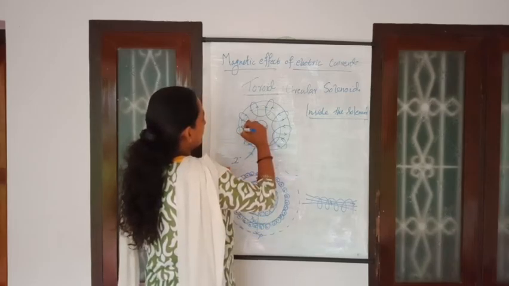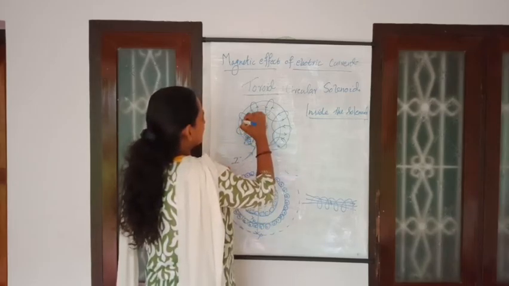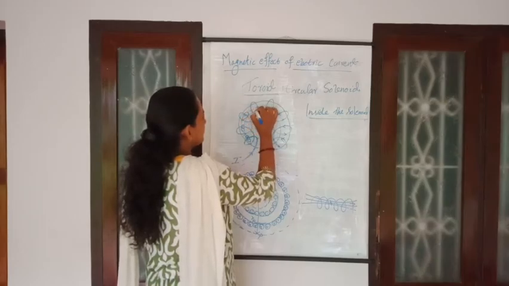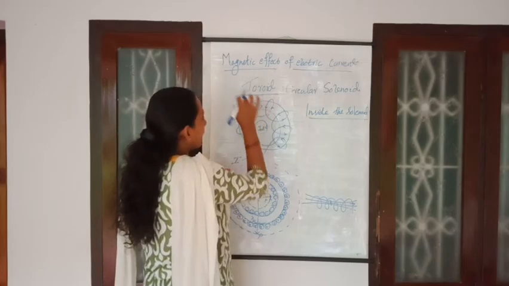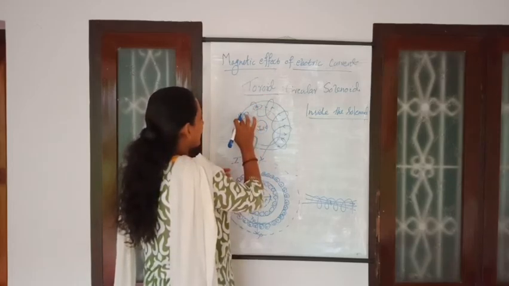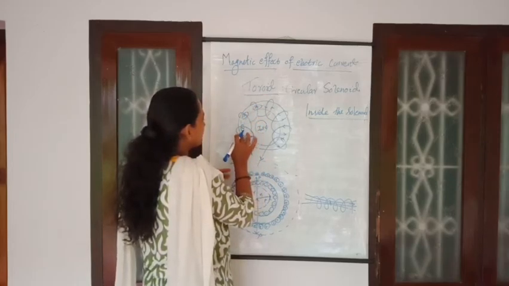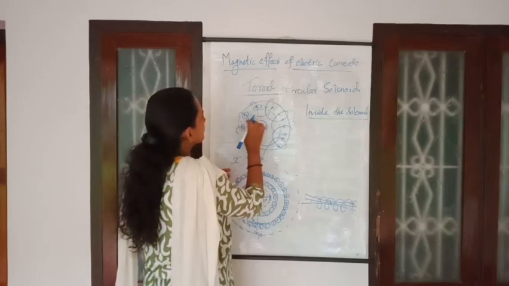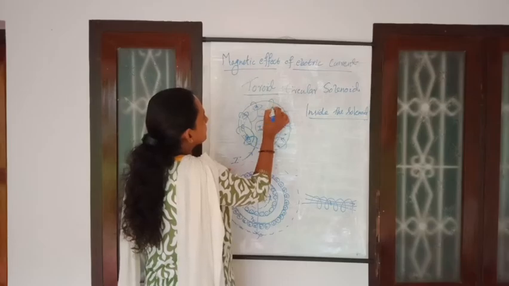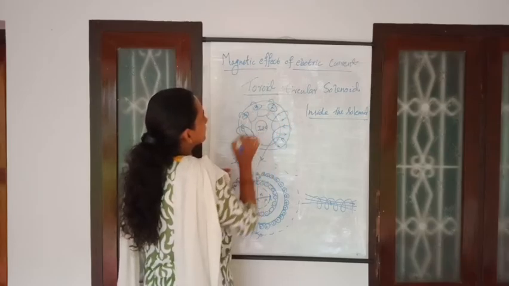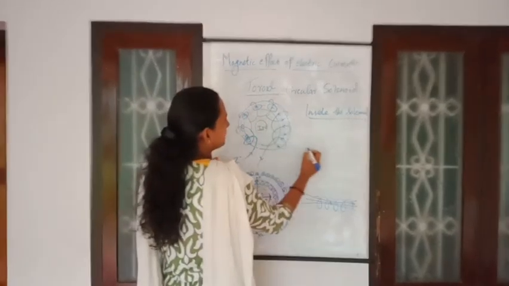So here also it will come like this, here also it will come like this. This part is actually downward; we can't see that one in the figure. So there will be a net magnetic field.